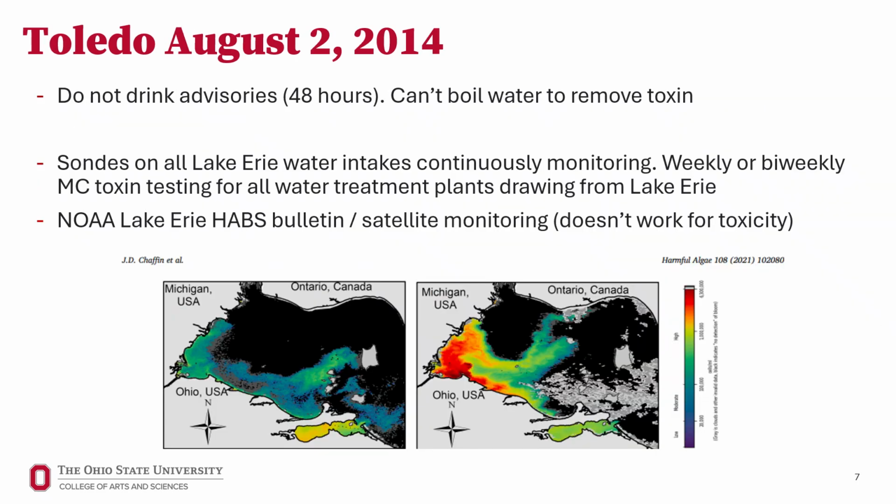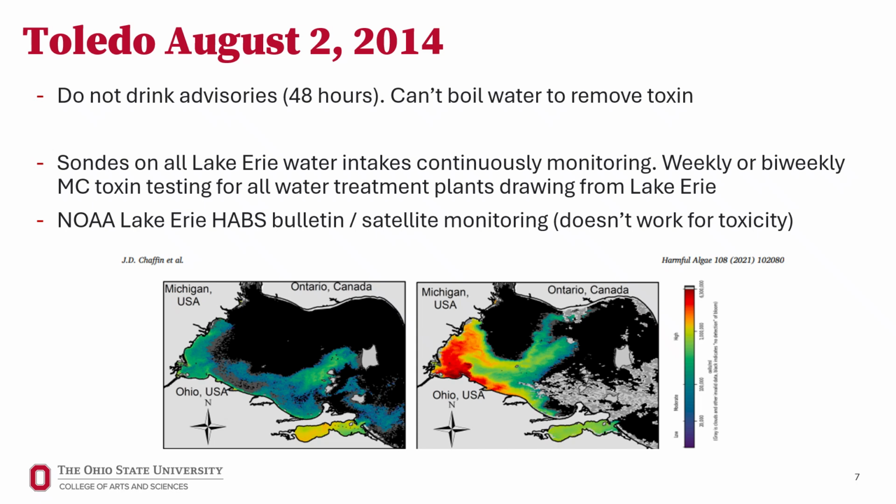One example of a negative effect of harmful algal blooms would be the Do Not Drink advisories for the city of Toledo, Ohio in August of 2014. A harmful algal bloom producing a liver toxin called microcystin was reported to be in Lake Erie at the site of the municipal drinking water intake for the city of Toledo, Ohio.